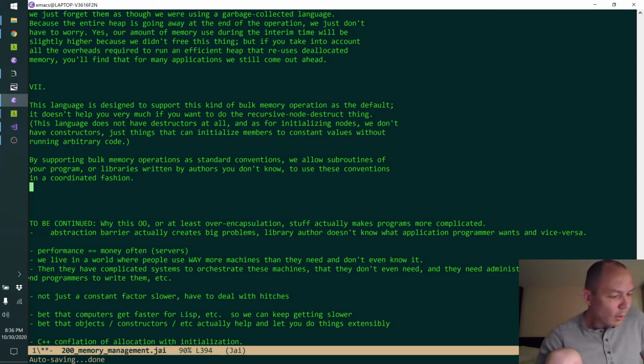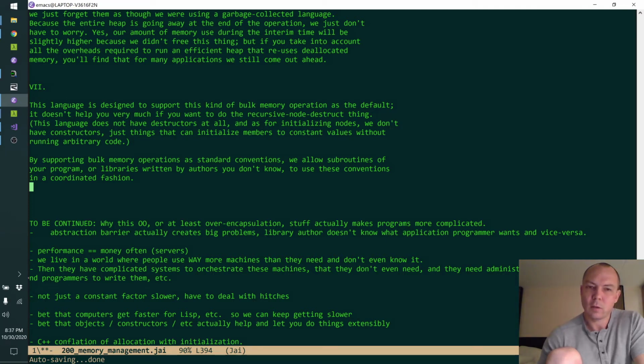You're thinking I'm talking about the node delete case. Because heaps aren't magic, guys. Heaps, or let's even just say allocators, right? Because a heap is sort of a specific kind. They're not magic. They're just some memory and then some way of making decisions about how to give the memory out.